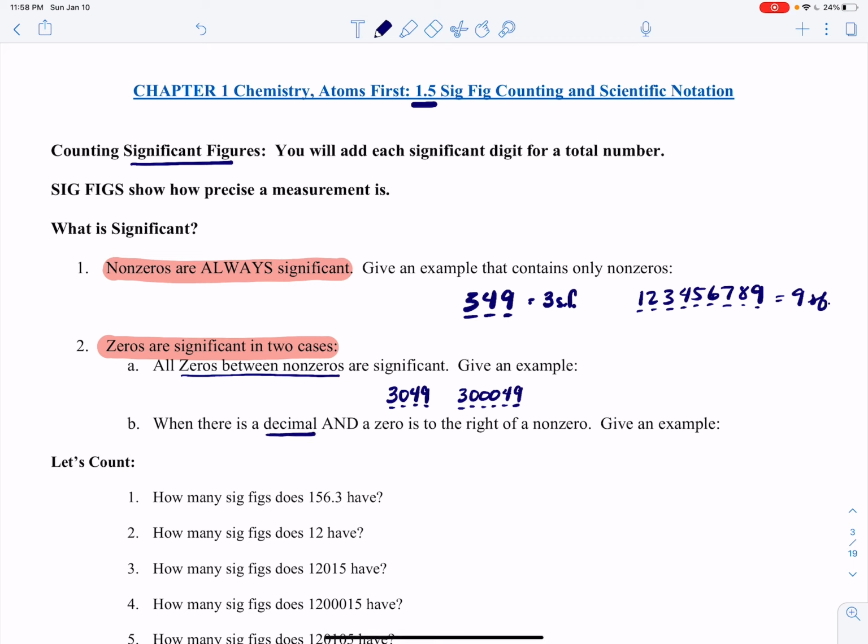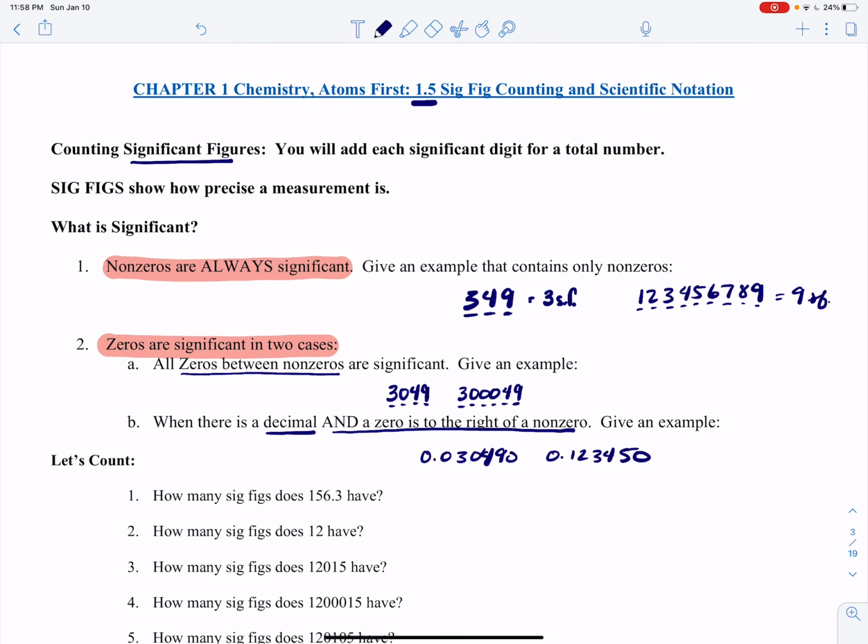So if you have a decimal and a 0 to the right of a non-zero. So examples of this look like, or maybe, okay, so there has to be a decimal. It's a 2-part situation. So there's a decimal, there's a decimal.